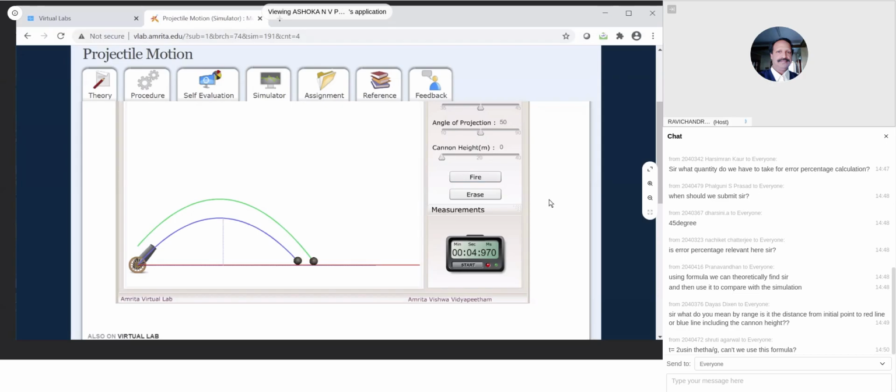Then, sir, can I add more columns in the observation too? It's up to you. Not just the number of columns, whatever units they have given. If you want to try more trials, more possibilities, you can always. You are welcome. Okay, sir.